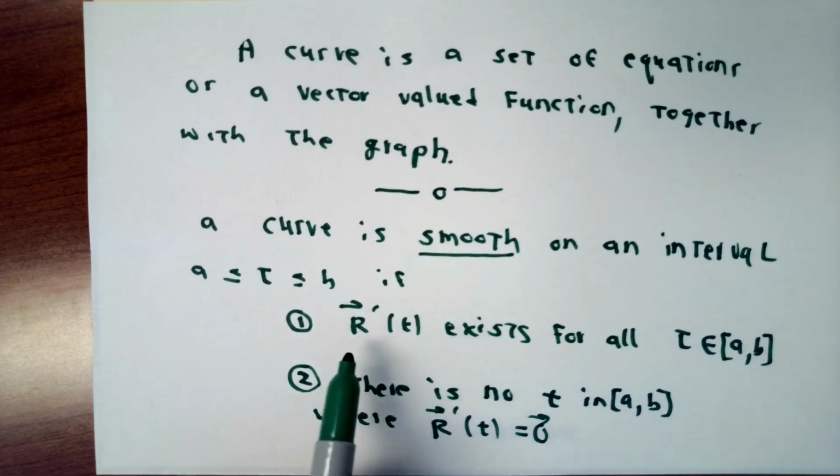The reason that we want the derivative to exist is that typically it tells us the tangential direction. The reason we don't want it to be zero is that's the one situation where the derivative makes sense but doesn't tell us anything. So smooth curves are sort of generically the easy ones to think about.